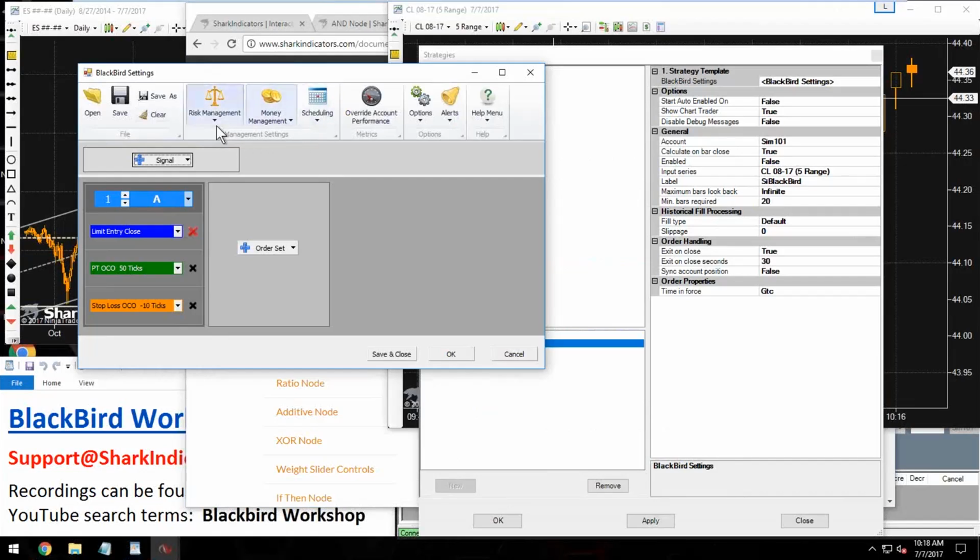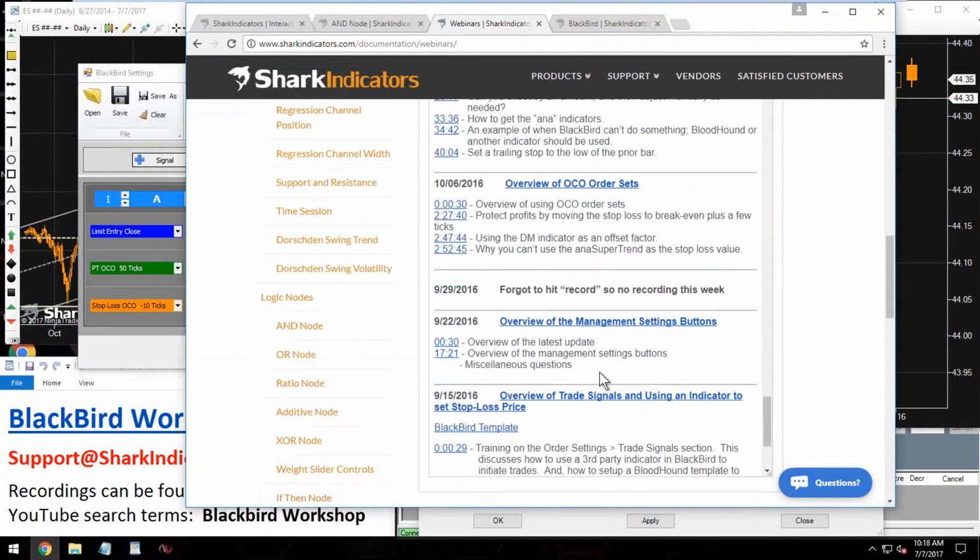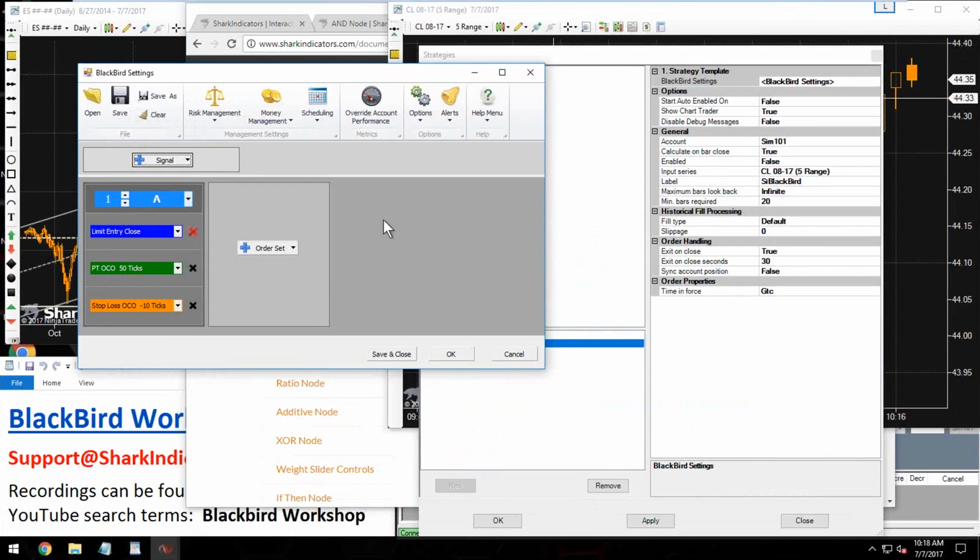So that's a video on these buttons here. So there's a lot you can go through and learn to see if BlackBird's right for you. And then the fourth video here is the order sets, how to set up the order sets here, right? These are the OCO order sets.